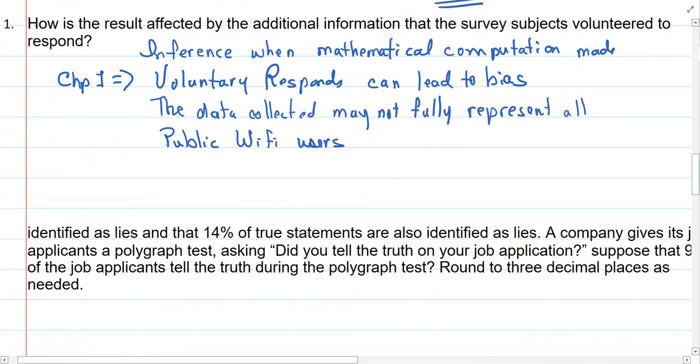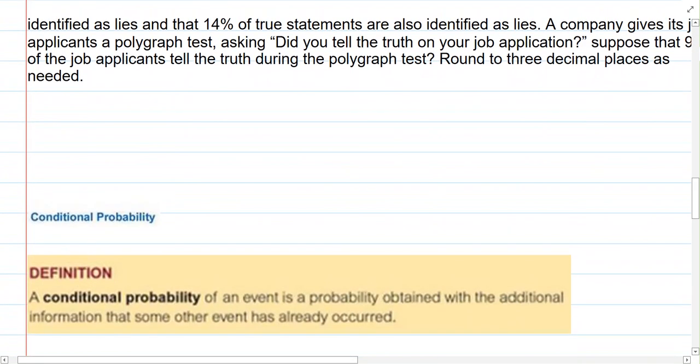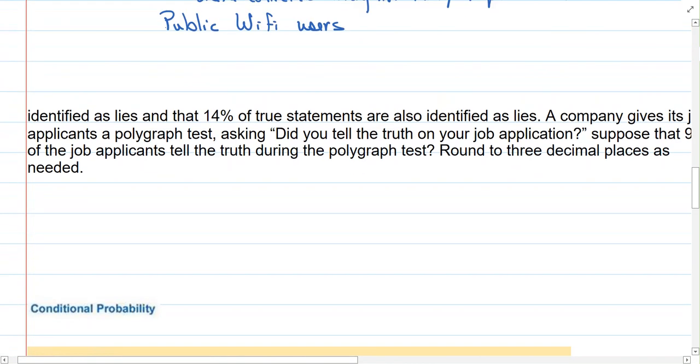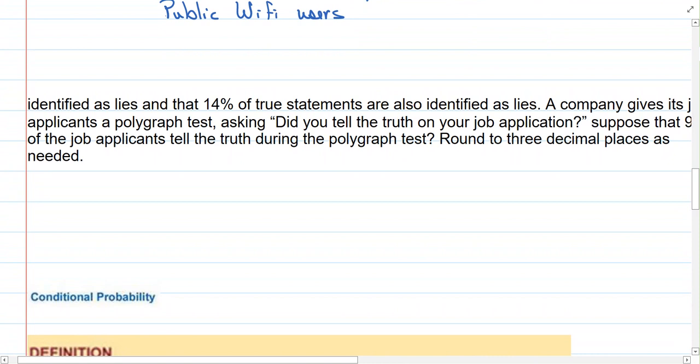All right, so let's do another example. On this one, it says identify, ooh, what happened here? Let me look at my notes and find out what happened.